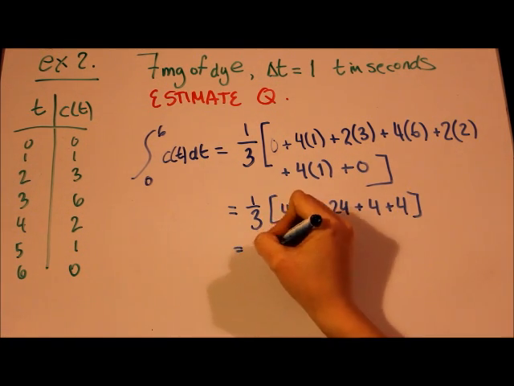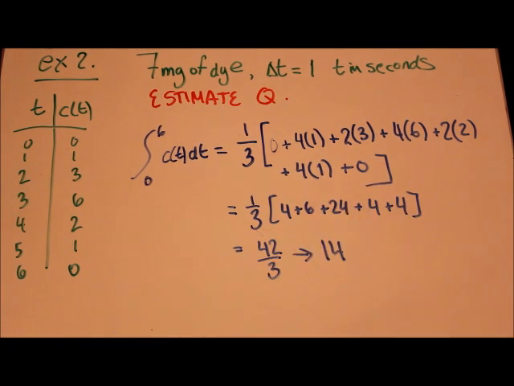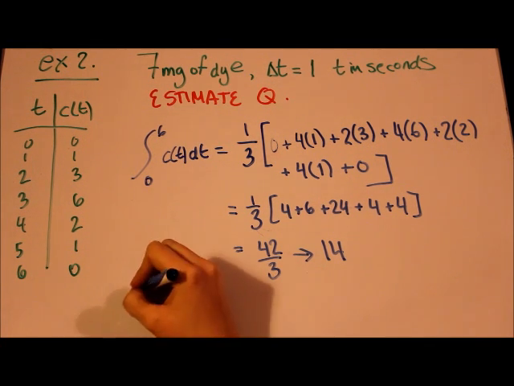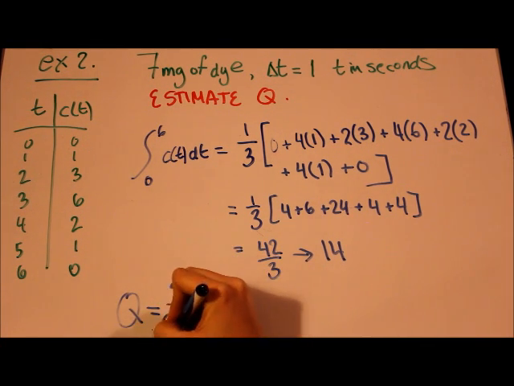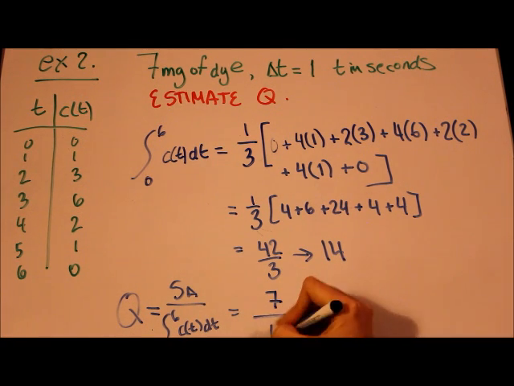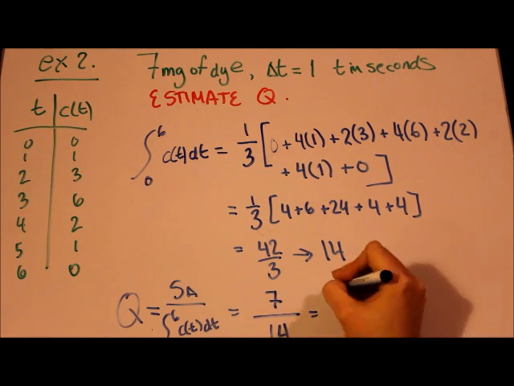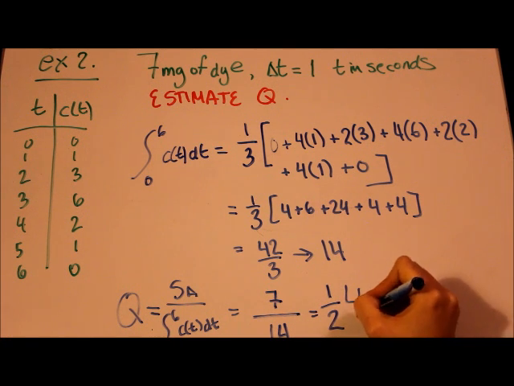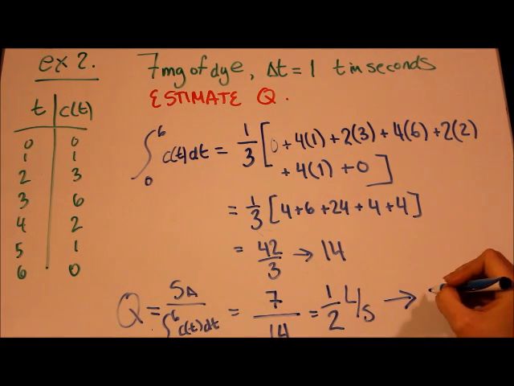Then we will divide the amount of dye by the estimated integral of the dye concentration, which gives us 7 over 14, or 1 over 2 liters per second, multiplied by 60, that is 30 liters per minute.